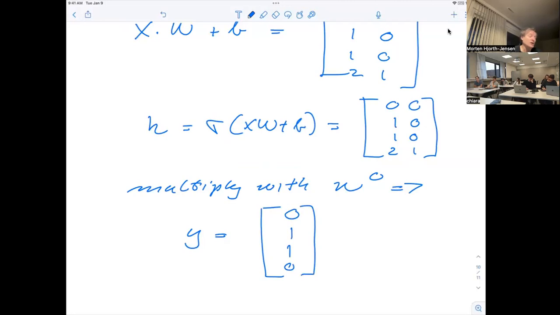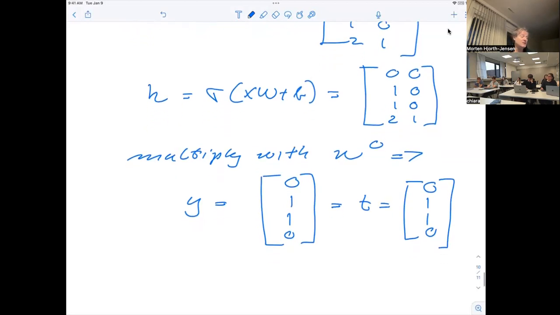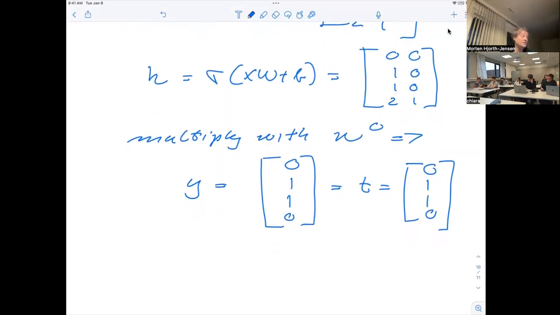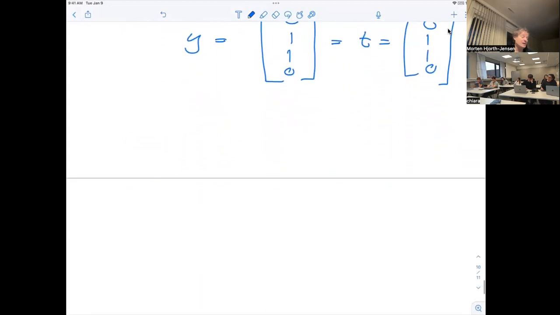And that's exactly what I want. That's equal to the target, which is 0, 1, 1, 0. So a neural network like this one with a hidden layer is able to reproduce the case of an XOR gate, which is actually a non-linear case if we are thinking of separating things into just a plane here.